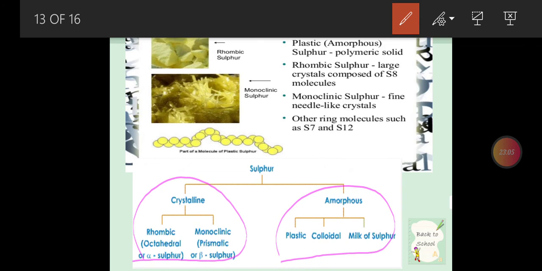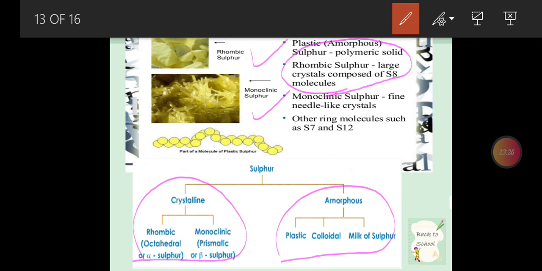In amorphous we have plastic sulfur, which is important for you to learn as according to your book, whereas in crystalline we have rhombic sulfur as well as monoclinic sulfur. Both have a definite crystalline arrangement of atoms.